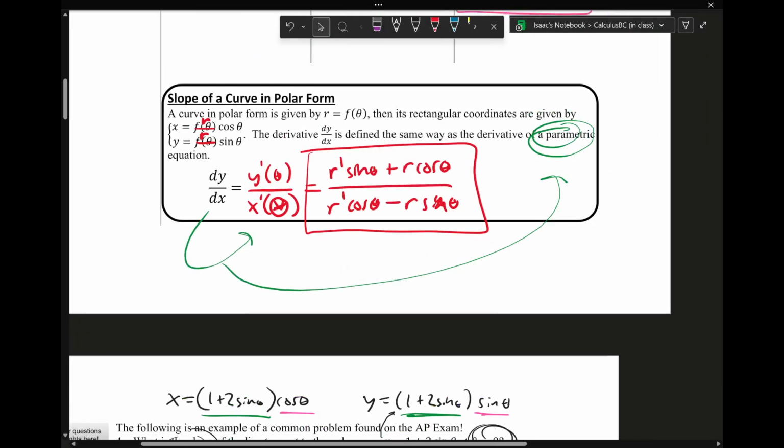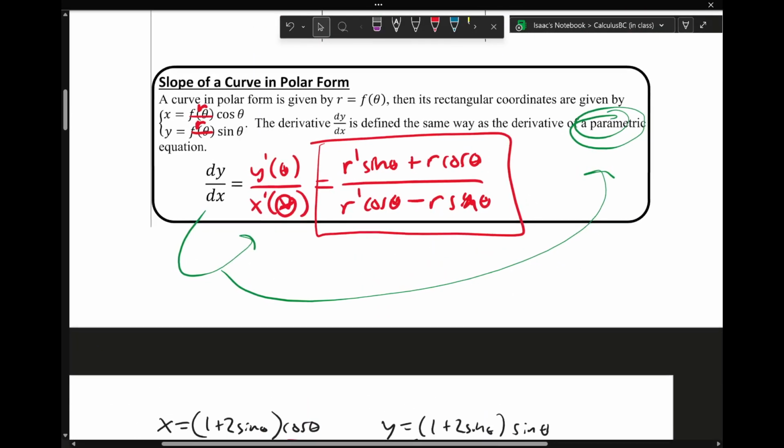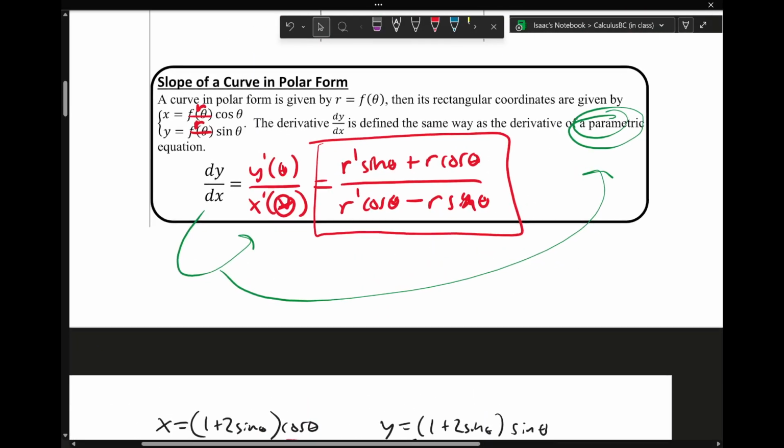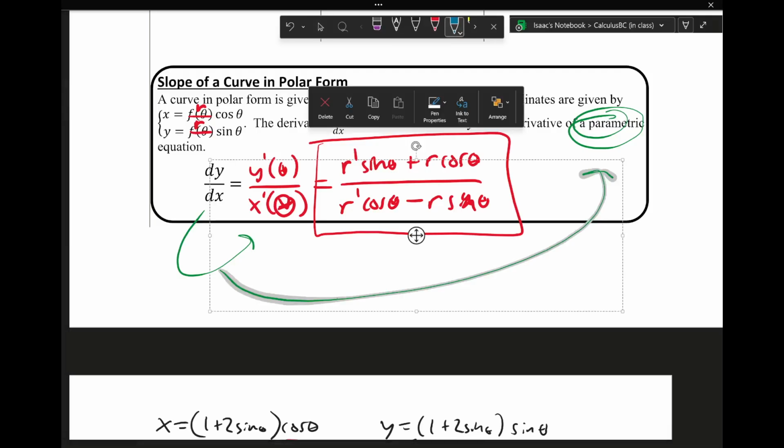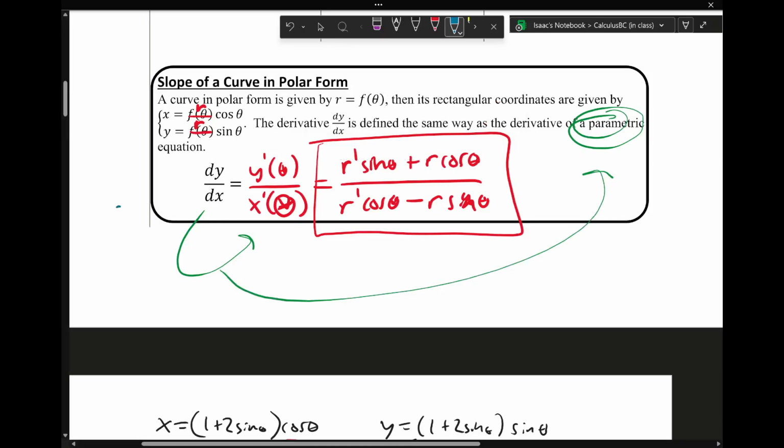Okay, and then of course in calculus we're going to want to do things like derivatives. So the derivative is going to work out the same as parametric, where we took the derivative of y with respect to the third variable, divided by the derivative of x with respect to the third variable. That's why it's like parametrics, and we're not having to do like quotient rule or something.